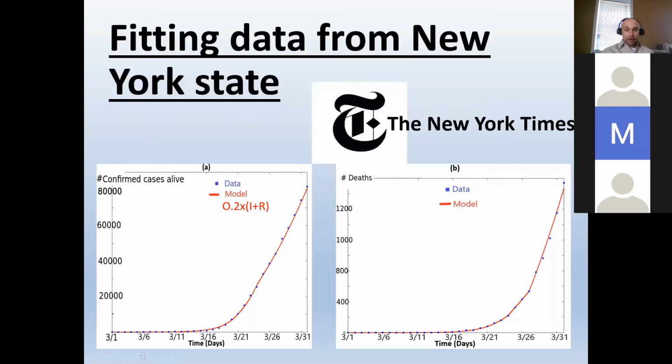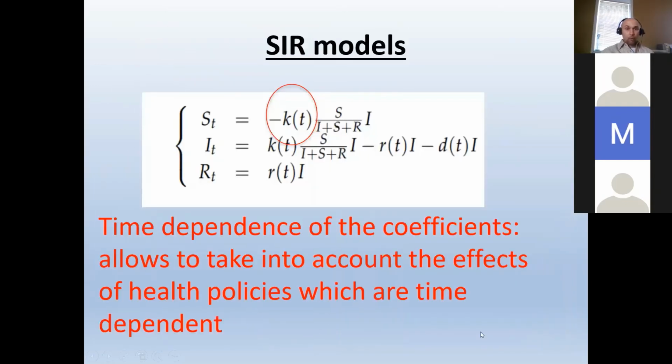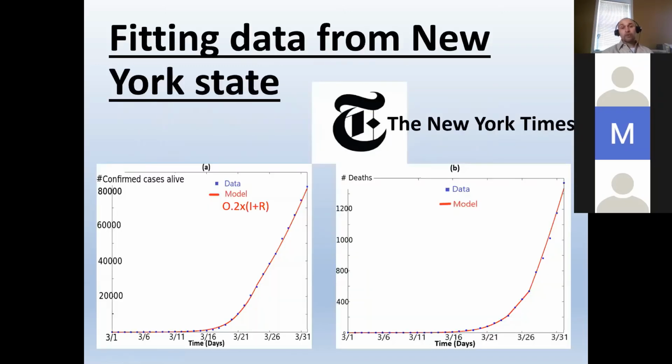Here we are using this model. So typically K is depending on time, and D also. Actually, R is a constant. Well, it's a choice, and the point is your model has to work. That is the criterion to validate your model.